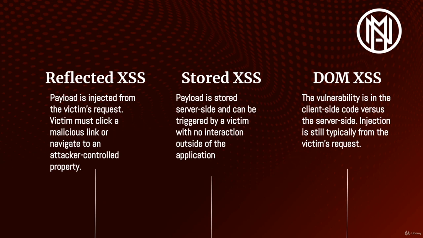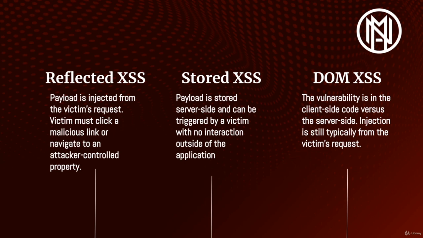So again, I've mentioned the different types of XSS. The two very, very common ones are reflected and stored XSS, and also there is DOM XSS, which we'll discuss in a little bit. The first one being reflected XSS, the payload is usually injected from the victim's request. Usually you have to click on a link because it is in the address bar of the website. So it could be something like example.com/something equals to our payload.